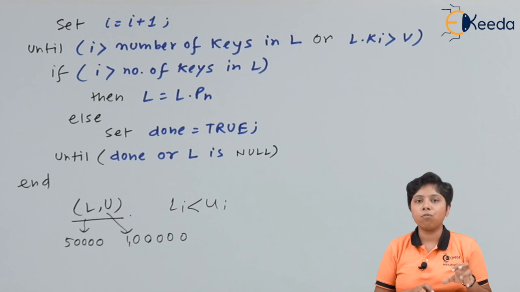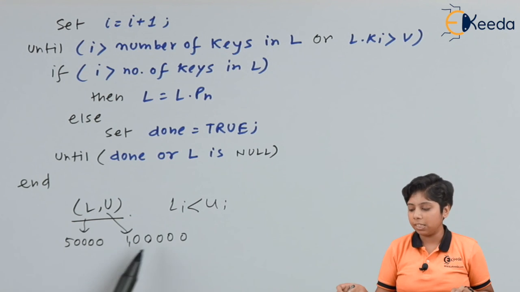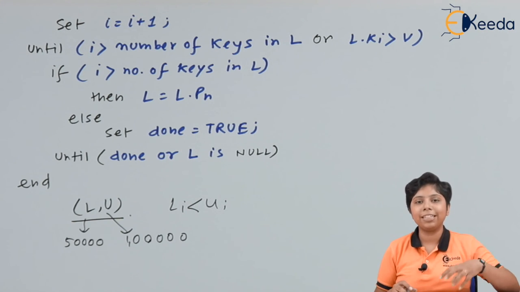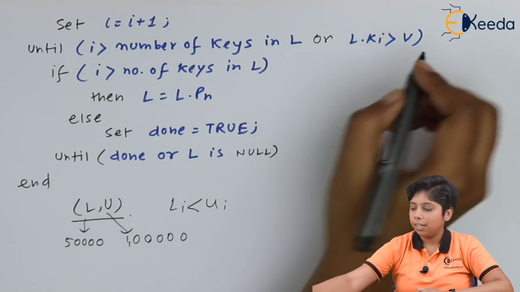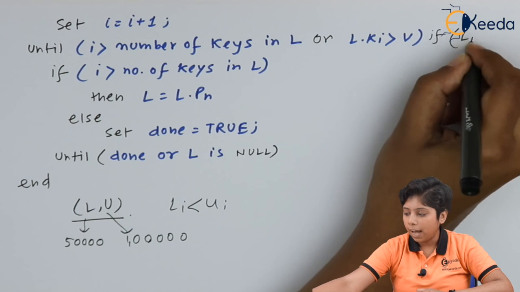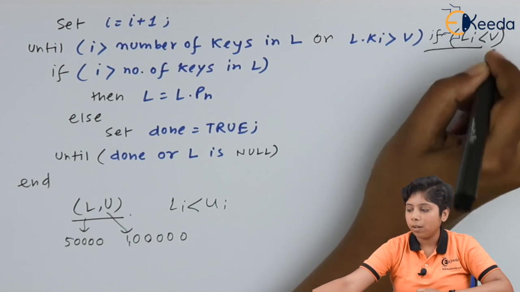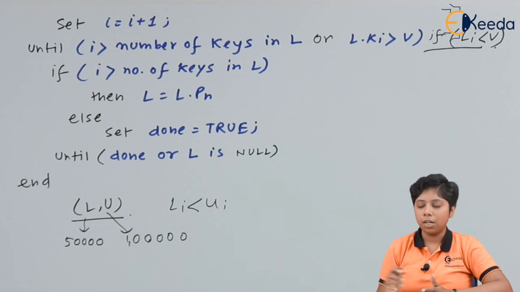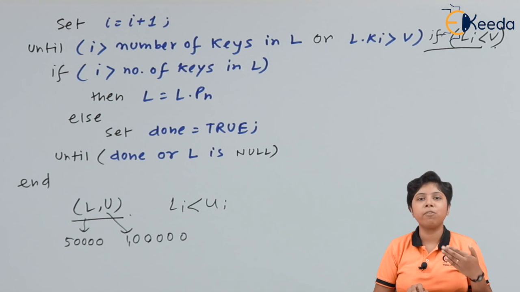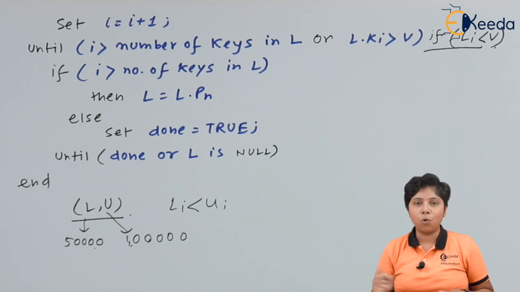So for every leaf node that we are traversing within this range, we will take the value of the leaf node and add one more condition here that if Li is less than V. So if this condition is added, then we can easily fetch that we can take all the ranges and the repeat loop will be repeated until and unless we can find the left one, because 50,000 to 1 lakh we can take it as the left node.